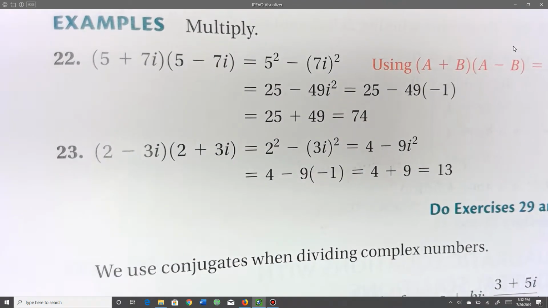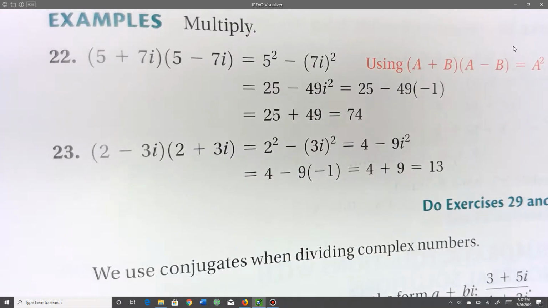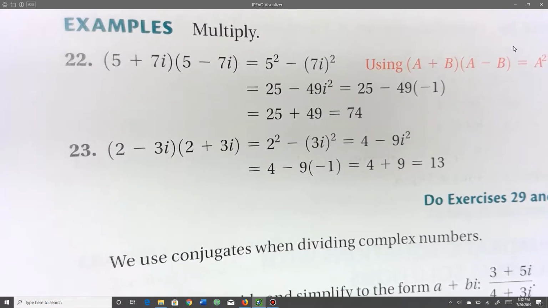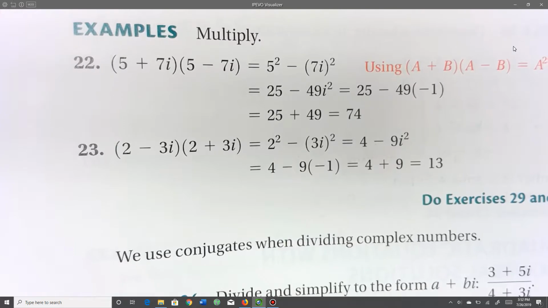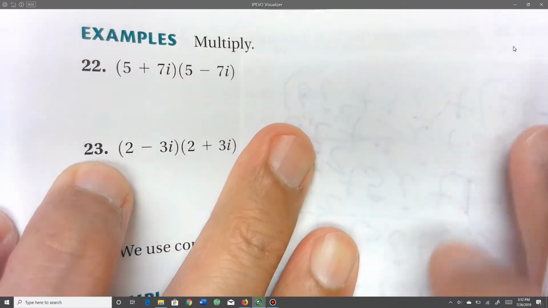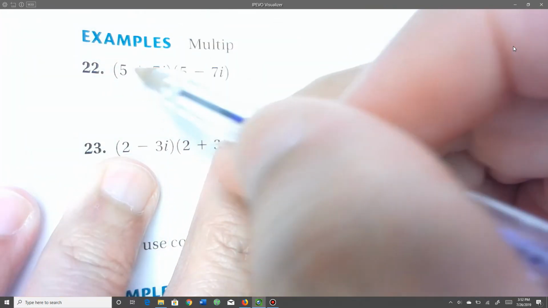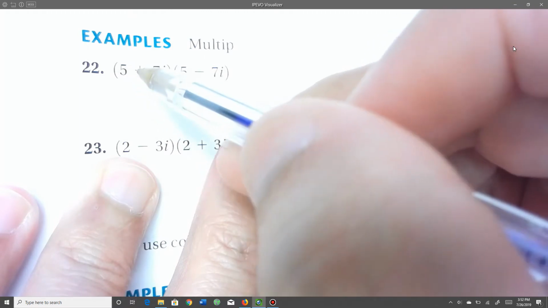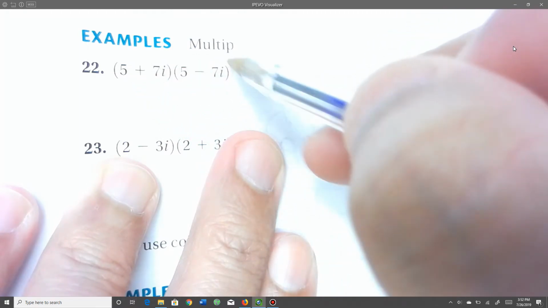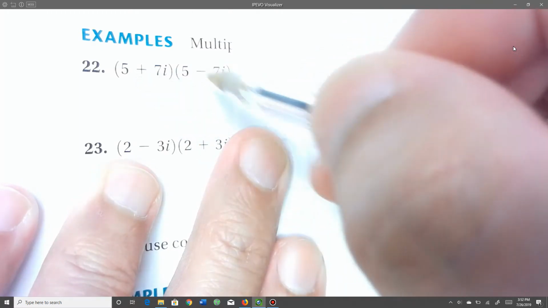So we need to multiply. In this case they're just practicing multiplying conjugates. See this 5 plus 7i, the conjugate of that is this. Multiply as you would any other terms.